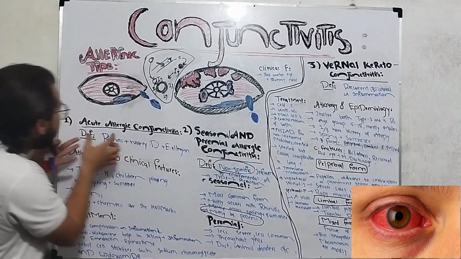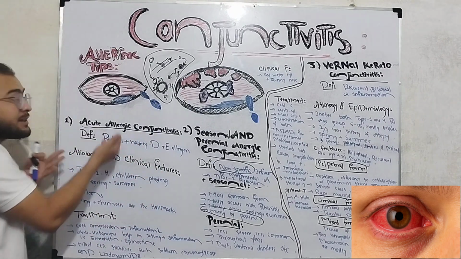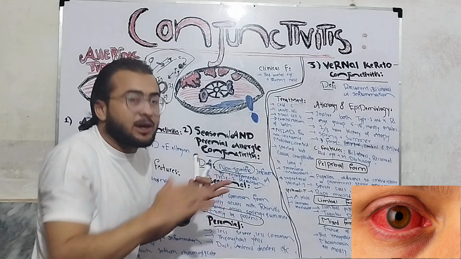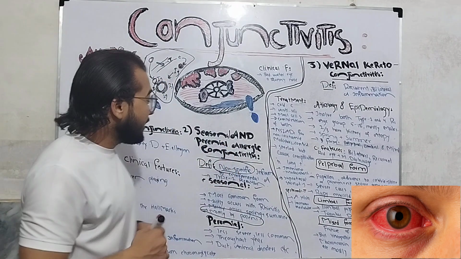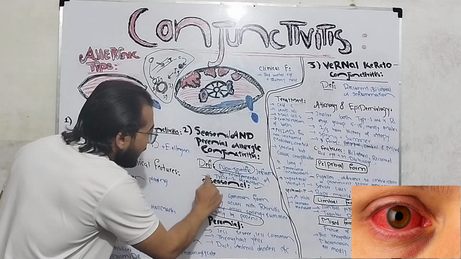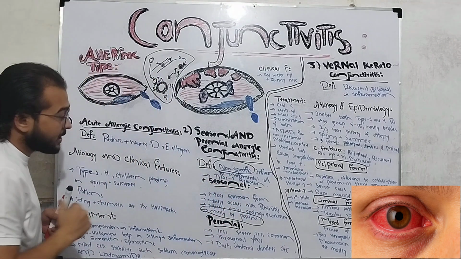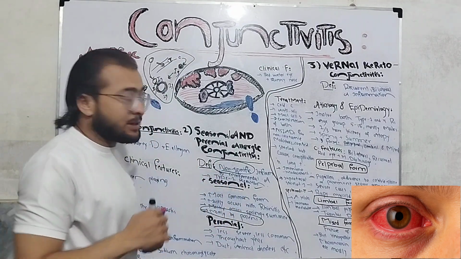The acute allergic is acute, as from the name it is apparent. But the seasonal and perennial may be subacute or acute, and the allergens are non-specific. This is also a type 1 hypersensitivity reaction, as we discussed in acute allergic. So what is the difference between the seasonal and perennial allergic conjunctivitis?